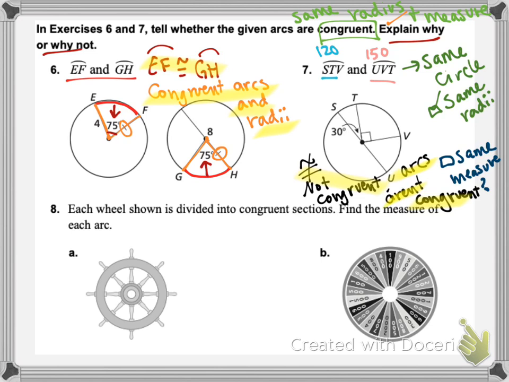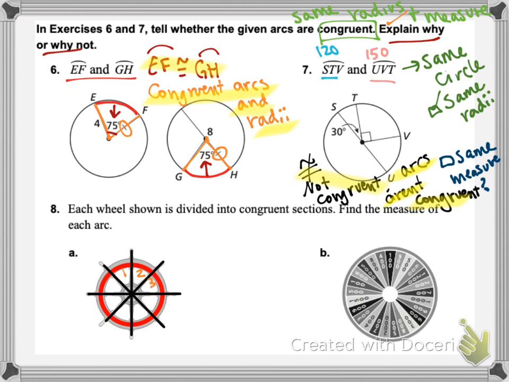Now on to the last section for 10.2. It says each wheel is divided into congruent arcs. Find the measure of each arc. So we've got a little ship wheel, I guess. Here's a circle, and then it is divided by the spokes, maybe you would call them, of the wheel. Let's see how many evenly divided arcs it's split into.